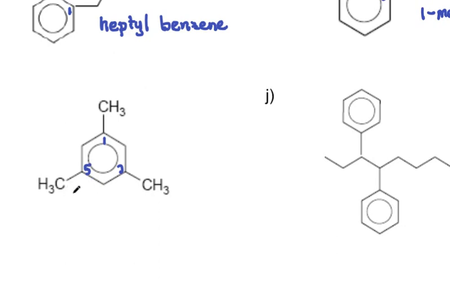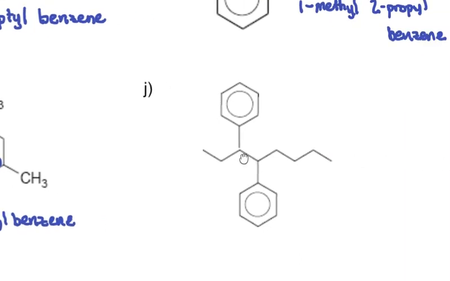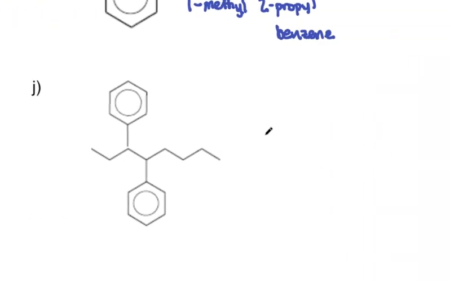This is, first of all, it has 3 methyl groups, so we call it trimethyl benzene. And those methyl groups are on carbons 1, 3, and 5. So 1, 3, 5 trimethyl benzene. If you went counterclockwise, you'd still get 1, 3, 5 trimethyl benzene, so go that way if you like. It won't hurt anything.